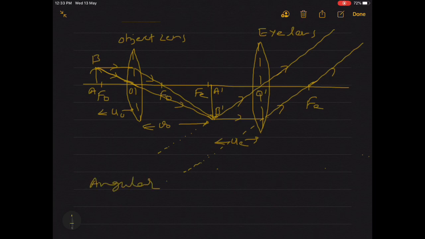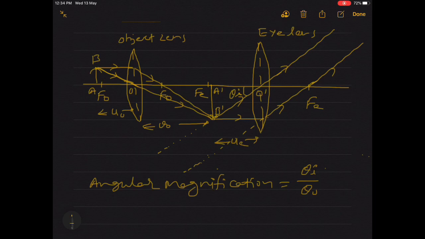So angular magnification is again theta I upon theta O. This is the angle made by image, theta I. These angles are made at the eye, and since we are using eye close to the eye lens, the angle we are taking from the optical center of eye lens as well.